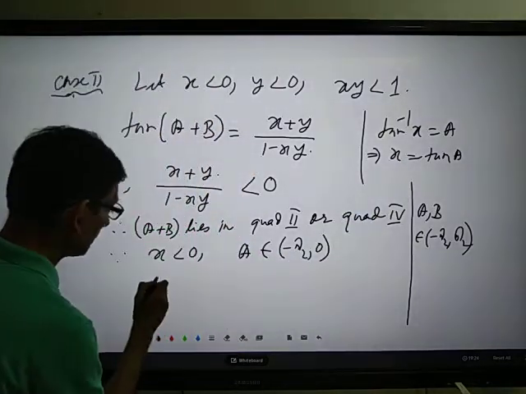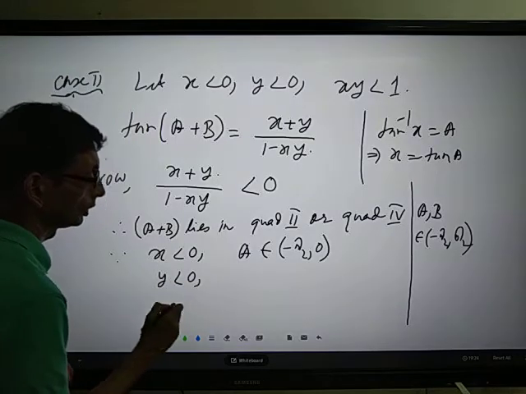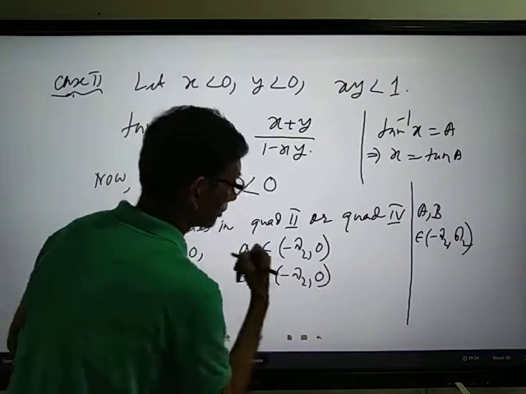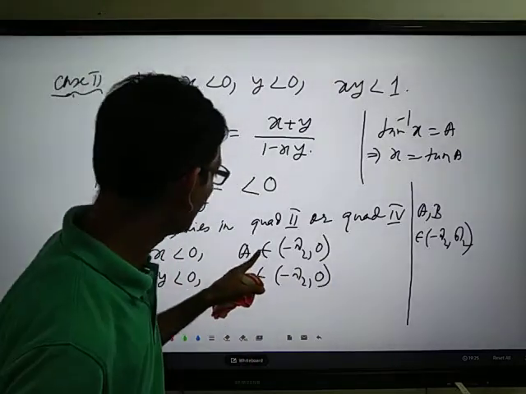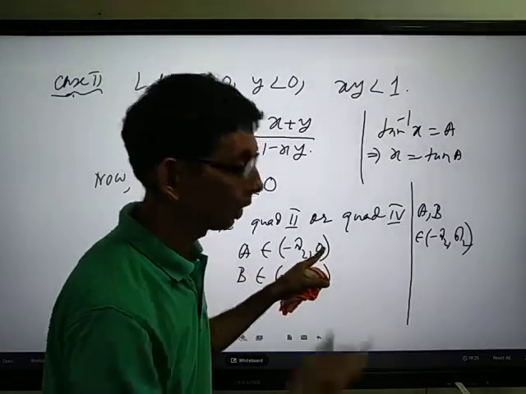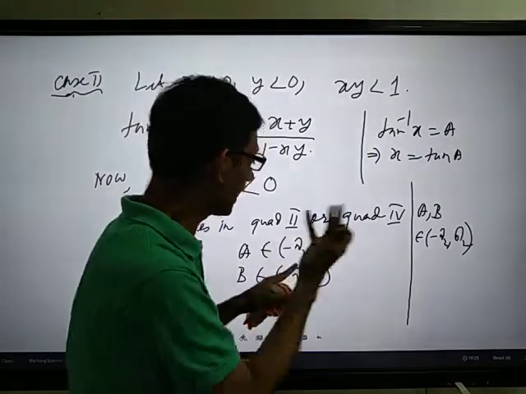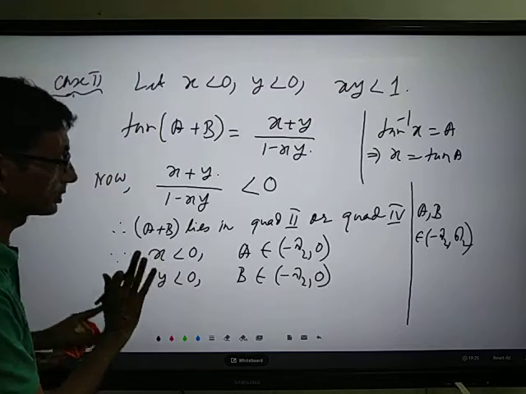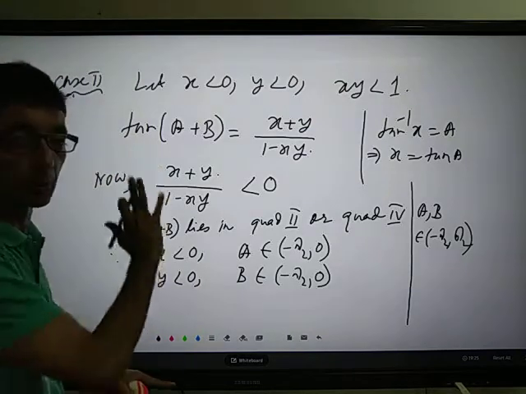Similarly, since y is less than 0, B also lies between minus pi by 2 to 0. There are two options: either A will lie between minus pi by 2 to 0 or 0 to pi by 2. In case A lies between 0 to pi by 2, then x will be positive. But here that case is ruled out, as you have already done in the previous proof.